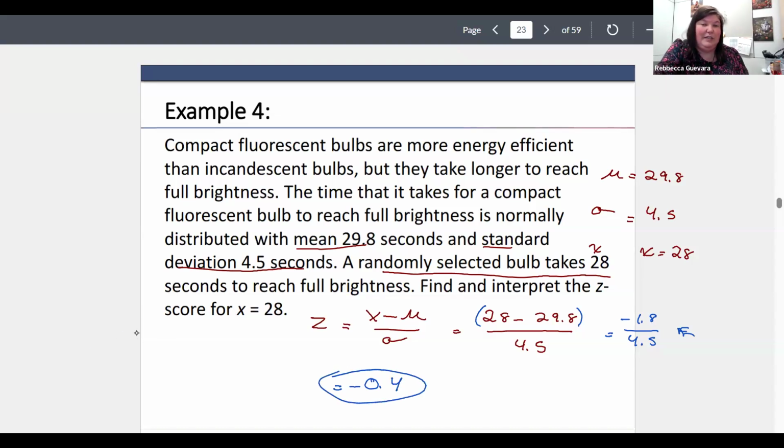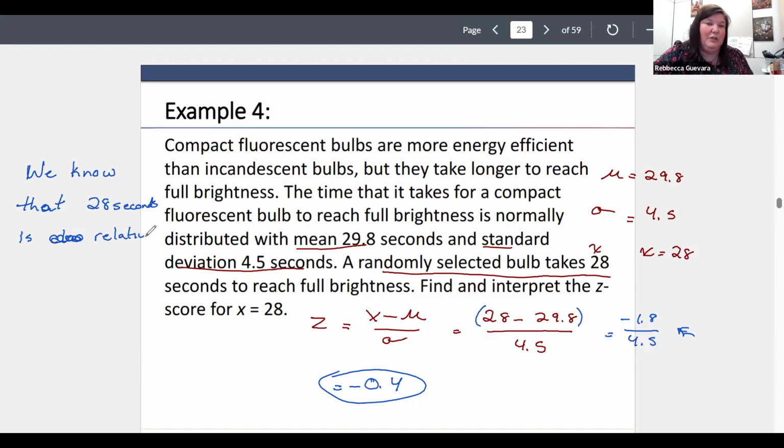So we know that because it's negative, a couple things we know is that this is fairly close to the mean. We know that 28 seconds is relatively close to the mean in terms of standard deviations.